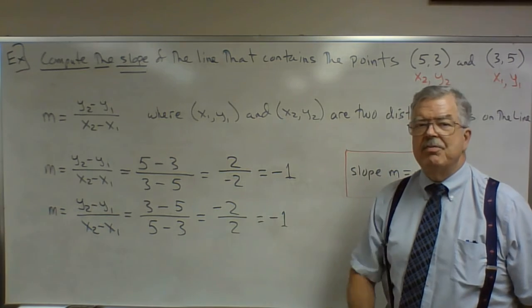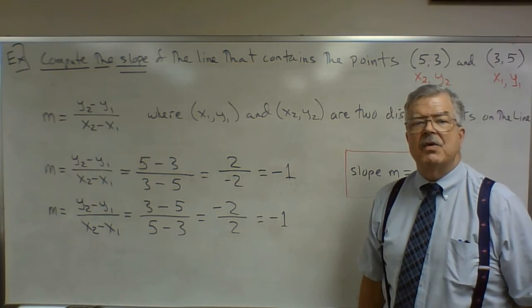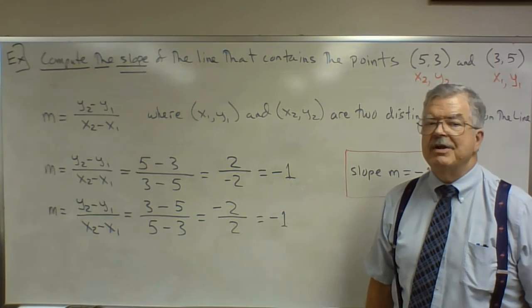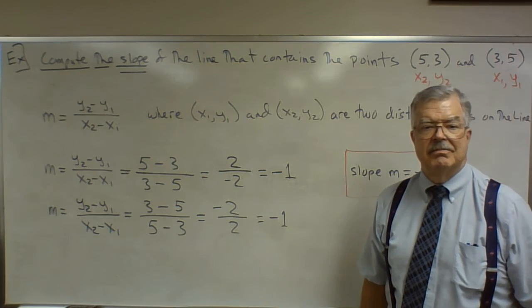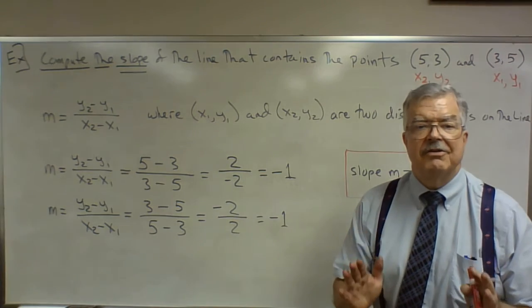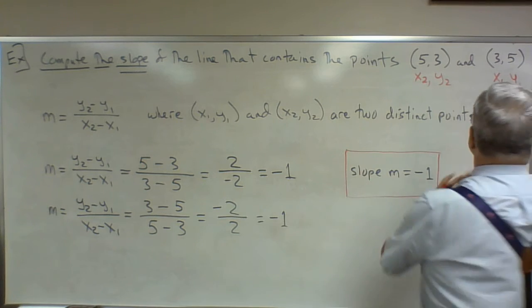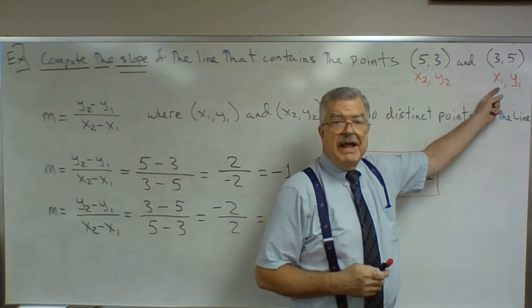So if we have 2 points on a line, how do we know which one to call x1, y1, and which point to call x2, y2? It doesn't matter. We just pick one point and call it x1, y1.